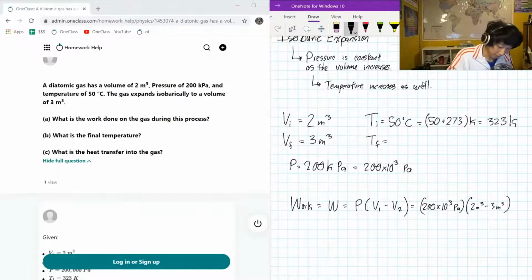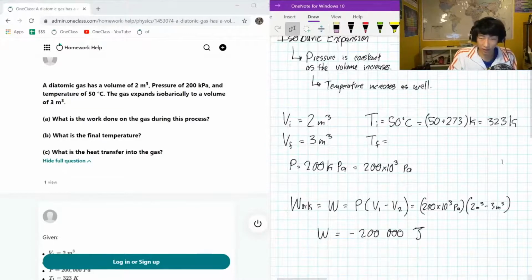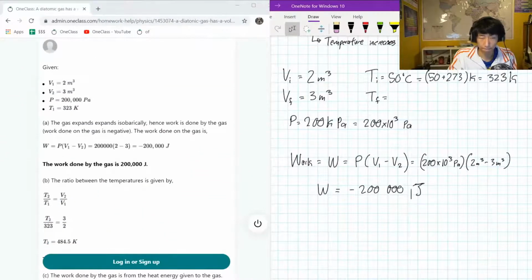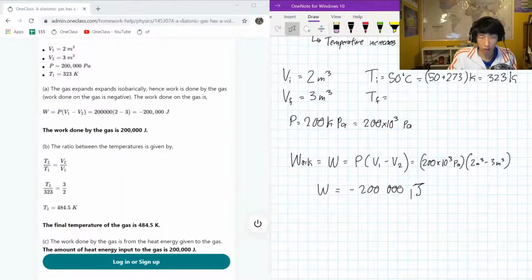So 2 minus 3 is just negative 1, so it'll just be negative 200 times 1,000 joules, or negative 200 kilojoules. That could be another way to say it, but yeah, this would be the work done on the gas. Not sure why they mentioned by the gas though.